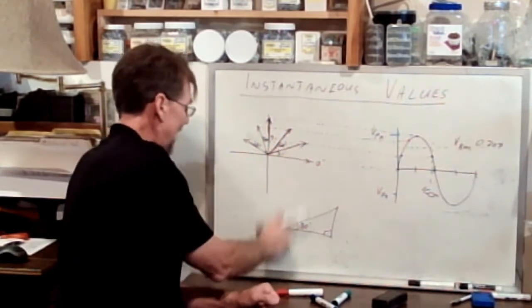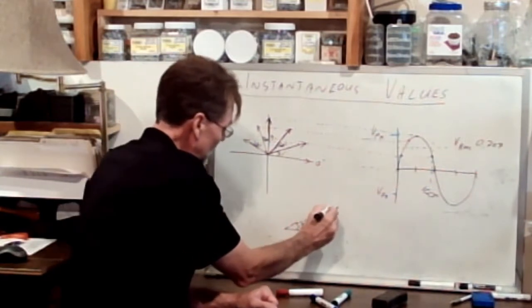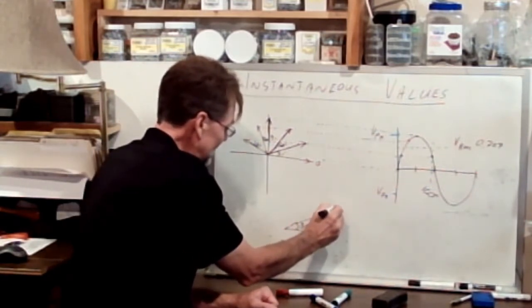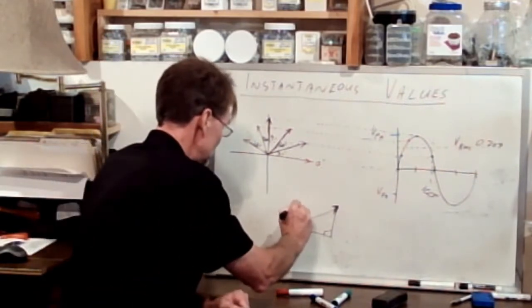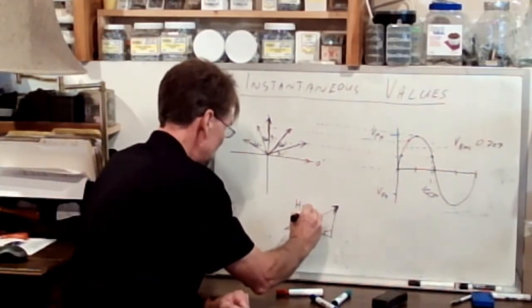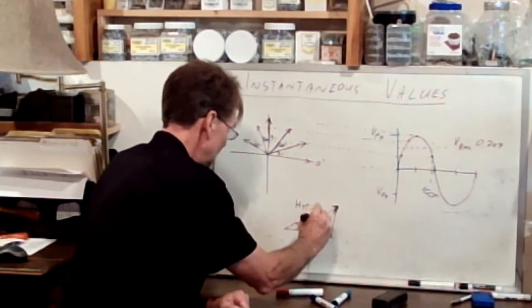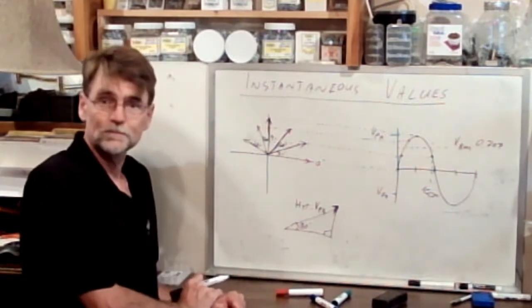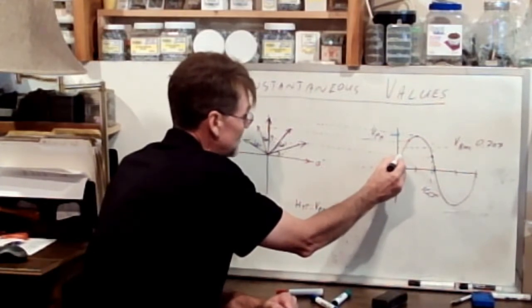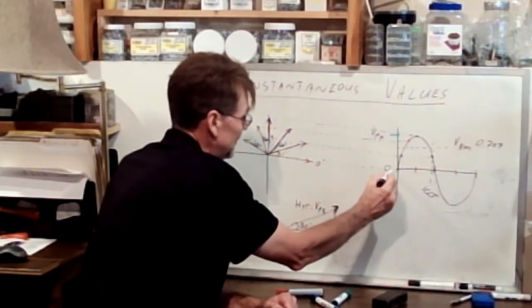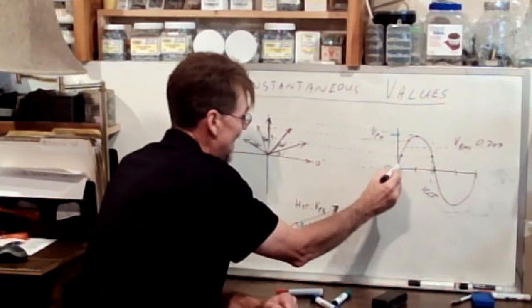And this vector at 30 degrees just happens to be the hypotenuse of our right angle triangle. The hypotenuse equals V peak. And then the question is, how high is this point from 0? If that's 0 volts right there, what is that height?